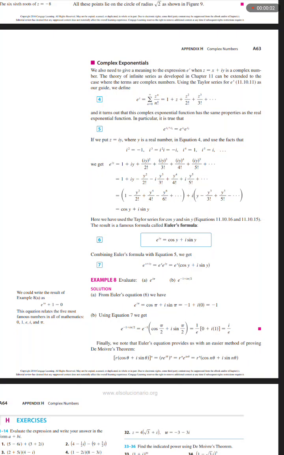Complex exponentials, we also need to give a meaning to the expression e to the power z when z equals x plus iy is a complex number.